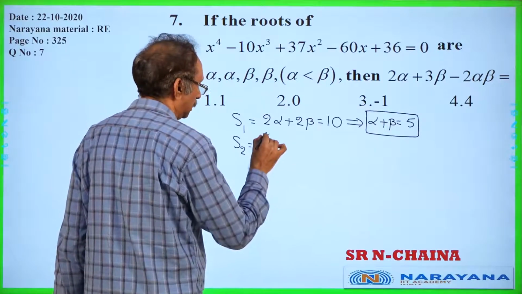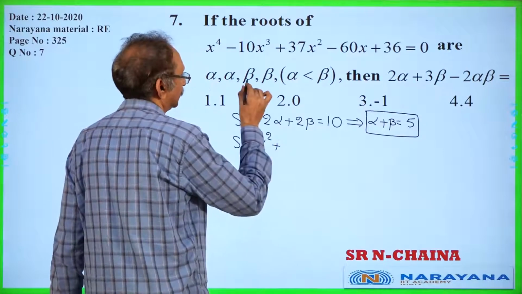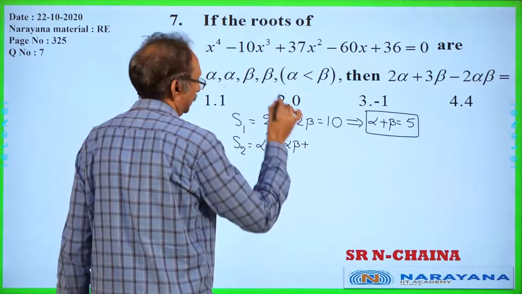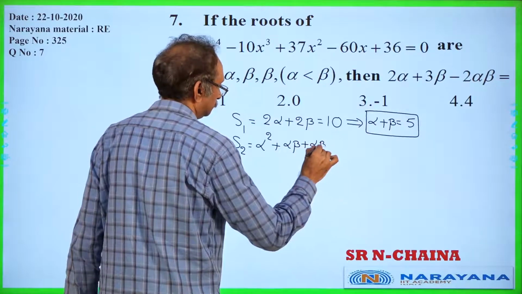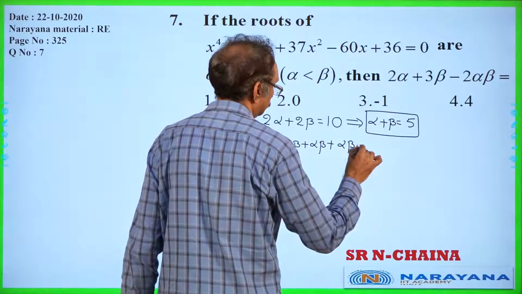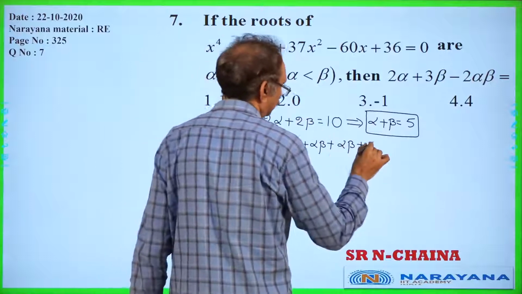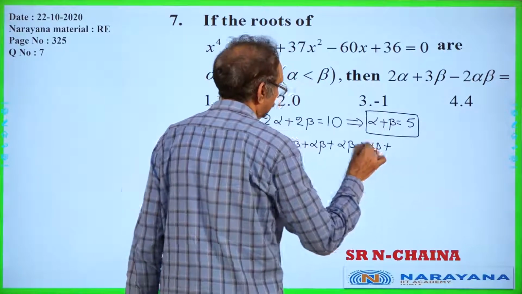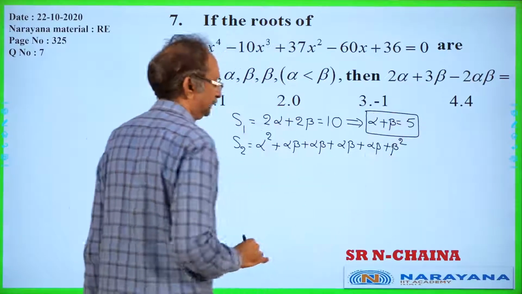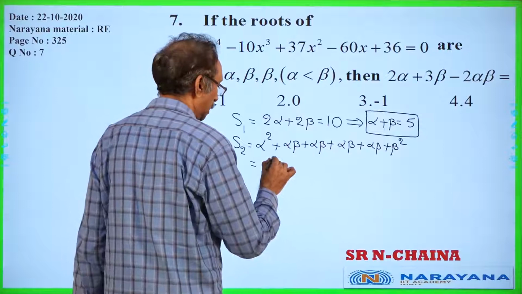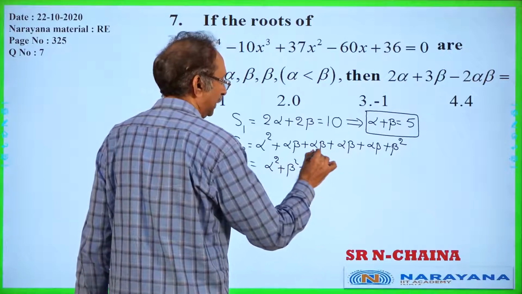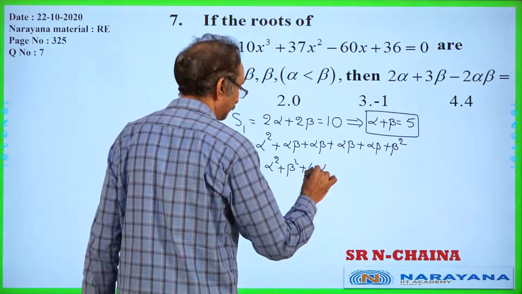Alpha into alpha, alpha square, plus alpha beta, plus again alpha beta, plus alpha beta, plus again alpha beta, and finally beta into beta, beta square. So, this is equal to alpha square plus beta square plus 4 times alpha beta.